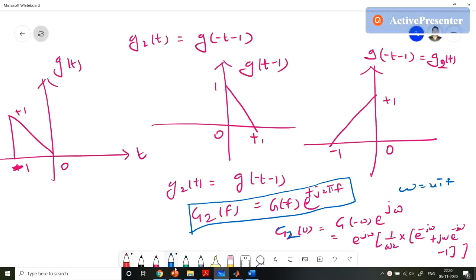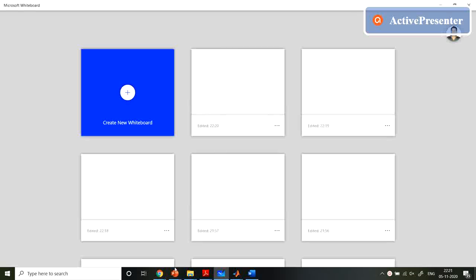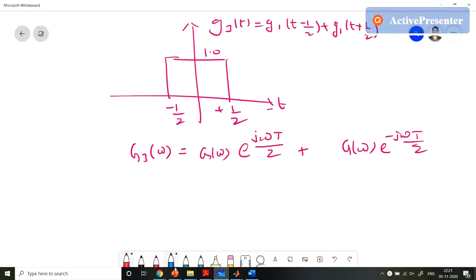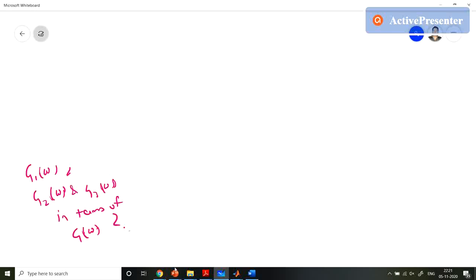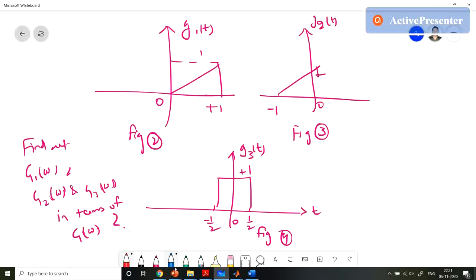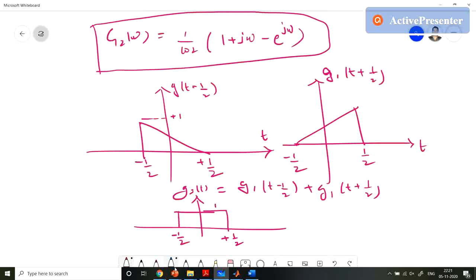Putting the value of G minus omega, which is simply derived from G omega, we get G2 omega equal to 1 divided by omega square times 1 plus j omega minus e raised to the power j omega.